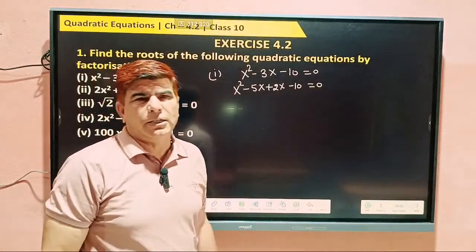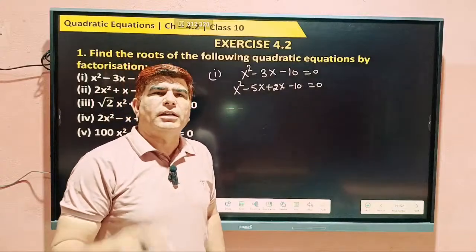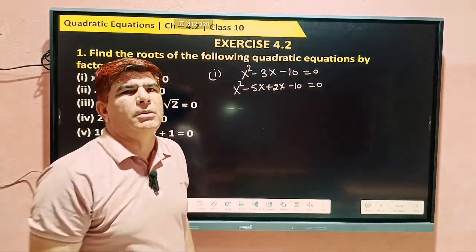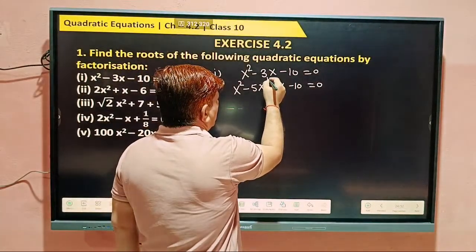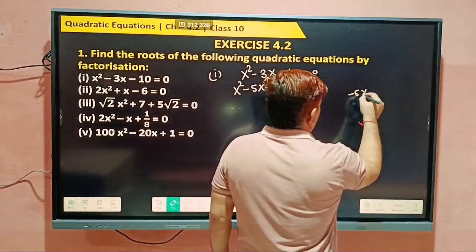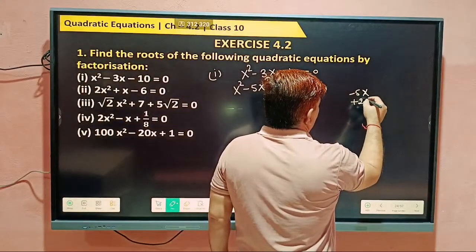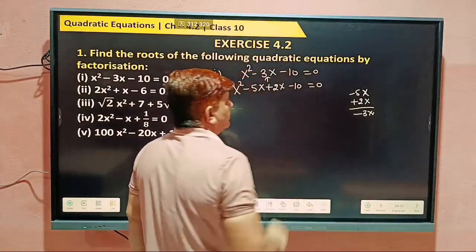If both steps are right, then no problem. If any step is wrong, then this splitting of the middle term is wrong. So what's the sum of these, minus 5x and plus 2x? Total minus 3x, which is given here.